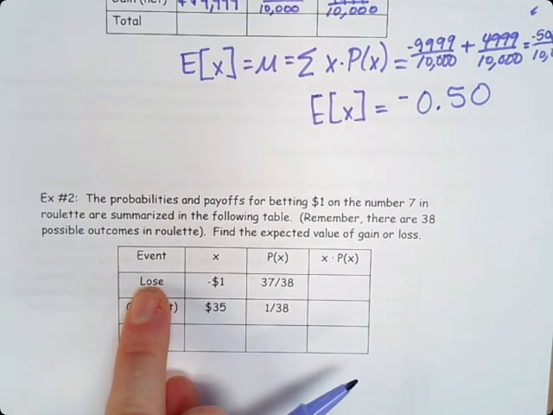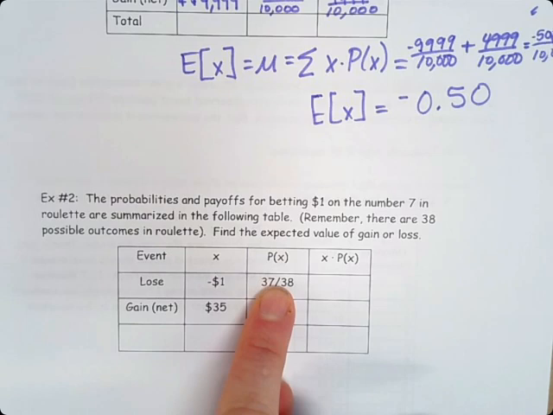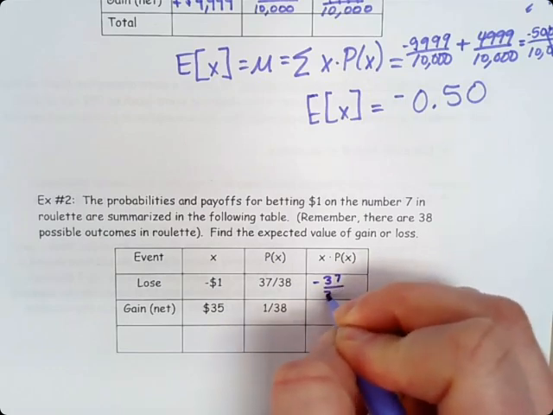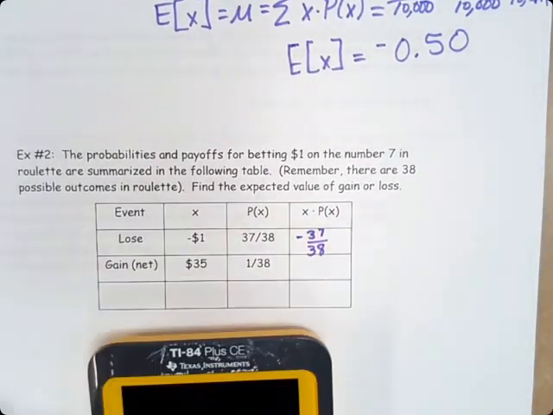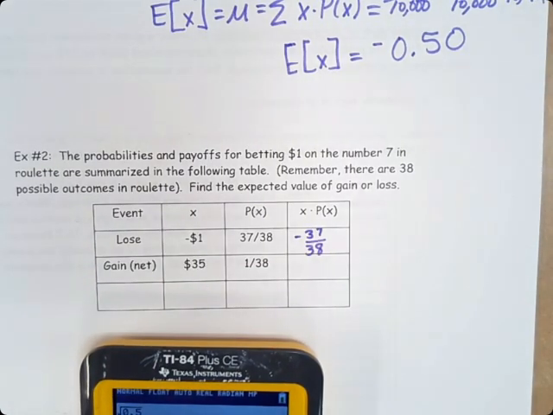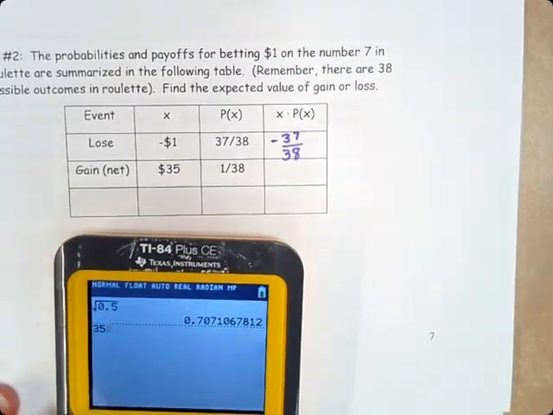So lose $1, and the probability is 37 out of 38. Our X times P of X there would be negative 37 over 38. Or gain, so you'll win $35 if you win, but the probability of winning is 1 out of 38.